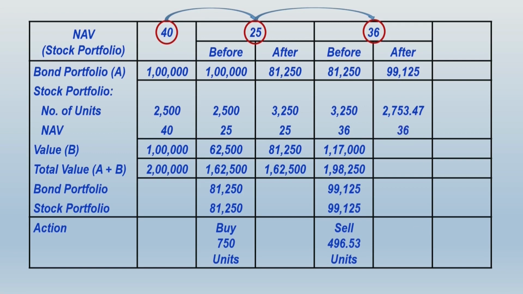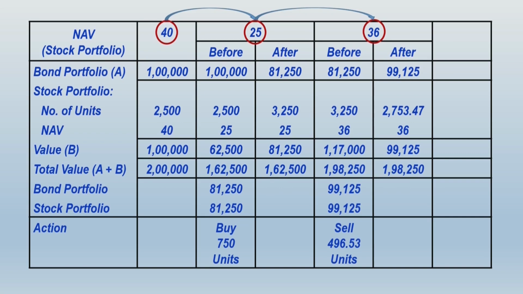With 36 as your NAV, the value that remains over here is 99,125, and 99,125 plus 99,125, the total value of your portfolio, that is bond plus stock taken together, will be 1,98,250. And after this we find the portfolio has been rebalanced.